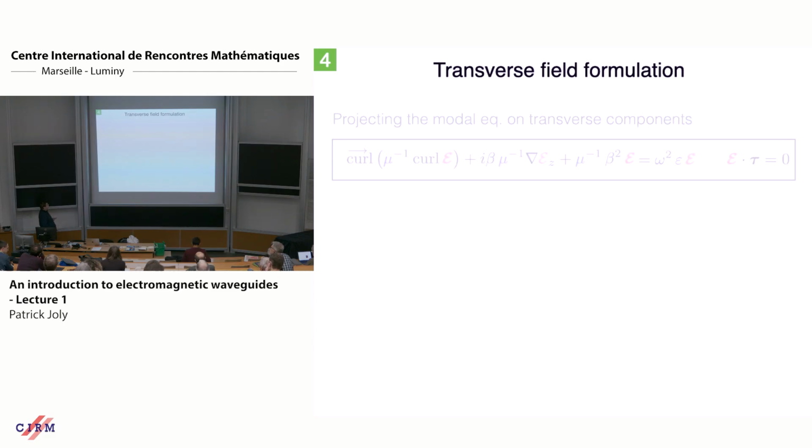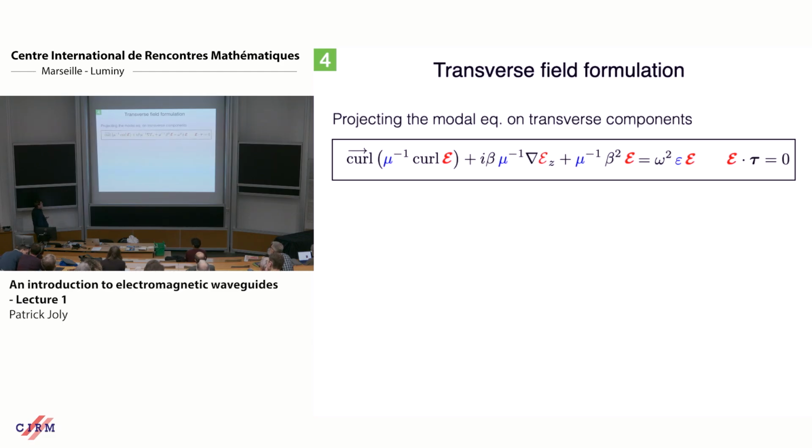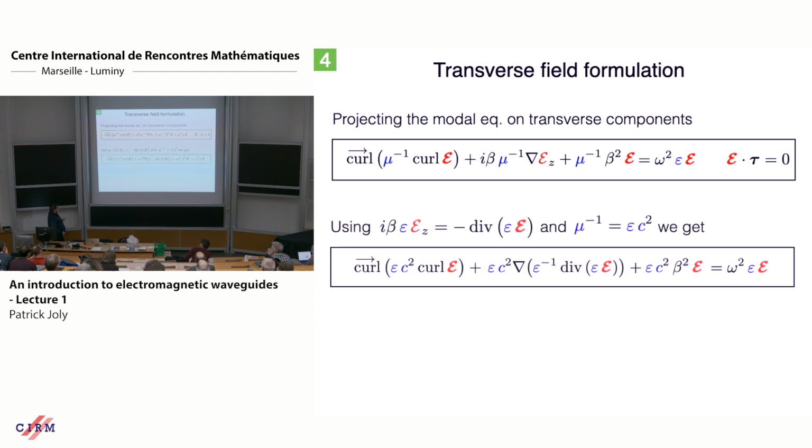There are many formulations of the problem, this is one of them. Concerning the transverse field, here I have rewritten only the projection of the modal equation on the transverse plane. And then I will eliminate the field EZ by using the divergence condition, you see?